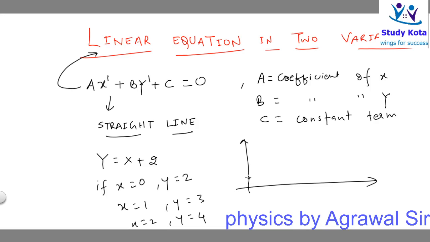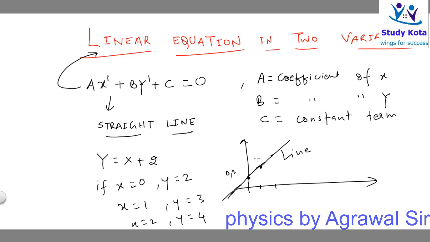So it would be here, 0 comma 2. Next is 1 comma 3. The next one is 2 comma 4. When you connect these points, you will get a line.